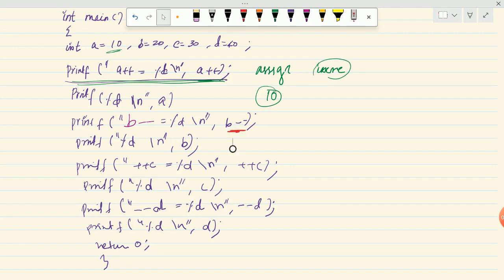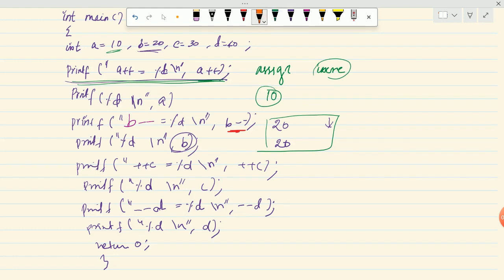So here b minus minus, what is the meaning? It means first it will assign the value, then decrement. So what is b? B is 20. So it will assign b as 20 and then only it is decrementing. So what value will it display for b? It will display 20. Got it?